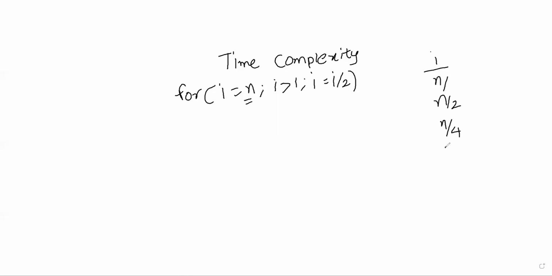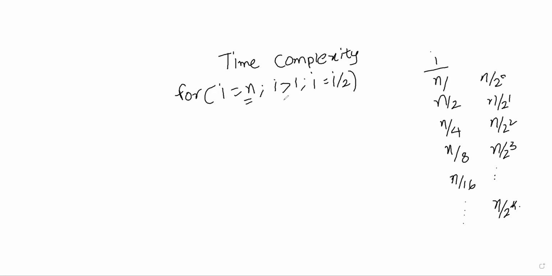Next time, n by 8, then n by 16, and so on. So this can be written as n by 2 power 0, n by 2 power 1, n by 2 power 2, n by 2 cube, and so on to n by 2 power k.